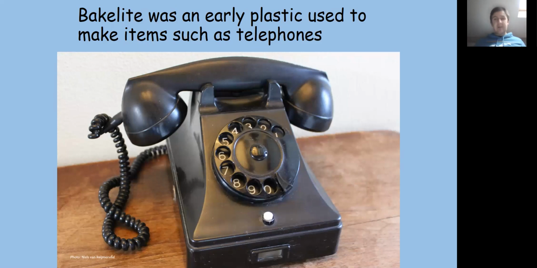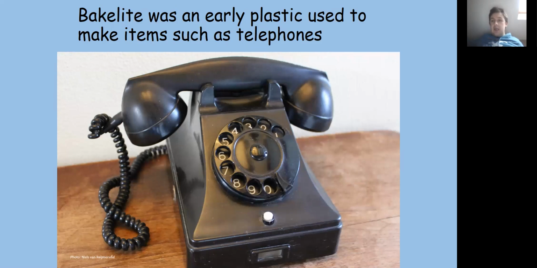In fact, it's only in the past 100 years that plastic has really become a material that mankind has used. Bakelite was an early plastic and is used to make items such as telephones. It was invented nearly 200 years ago, but it didn't really take off.